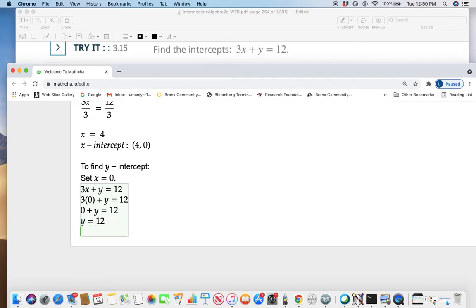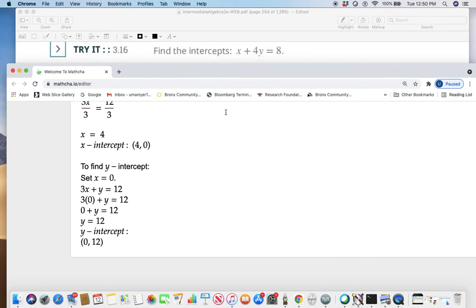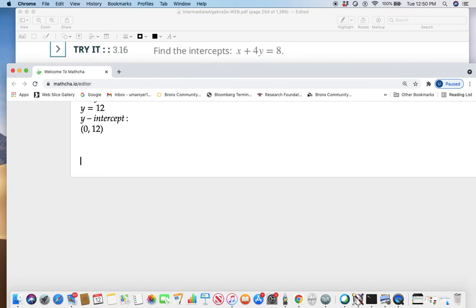Y equals 12. So you have found the y-intercept. What is the y-intercept? X is 0 and y is 12. All right. Let's try one more example.